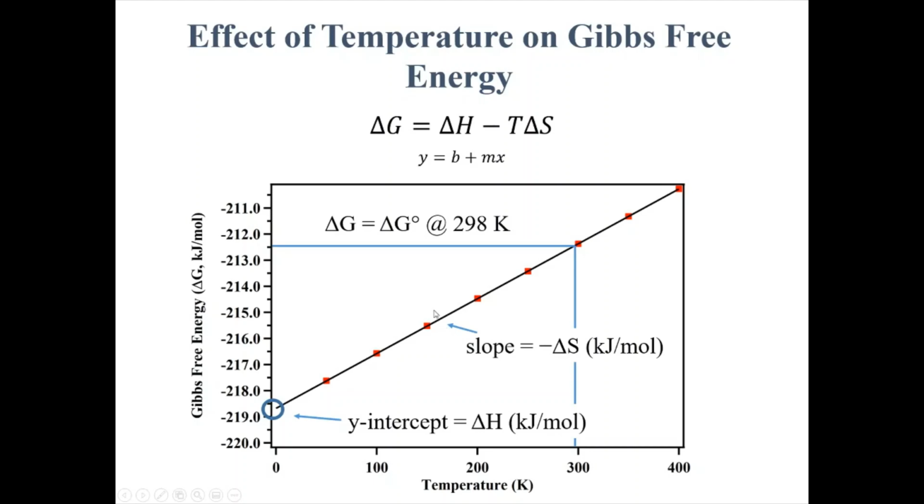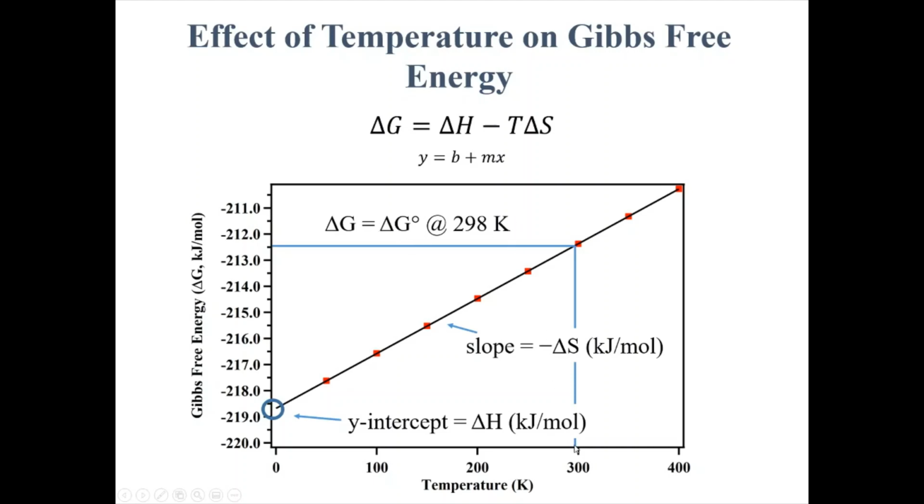If we want to get delta G naught, we know that what distinguishes delta G from delta G naught is that delta G naught is under standard conditions. So if we construct our electrochemical cell to have 1 molar zinc 2 plus and 1 molar copper 2 plus, we've accounted for the concentration component of it being a standard cell.